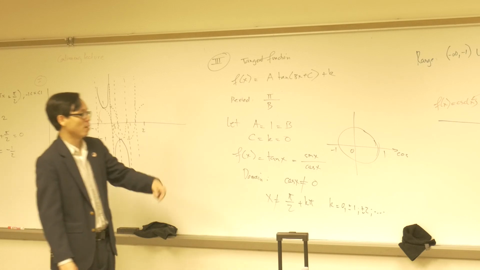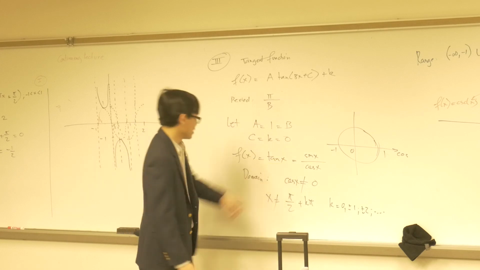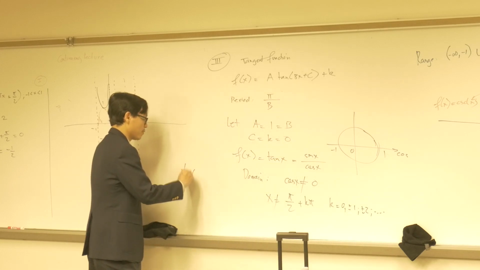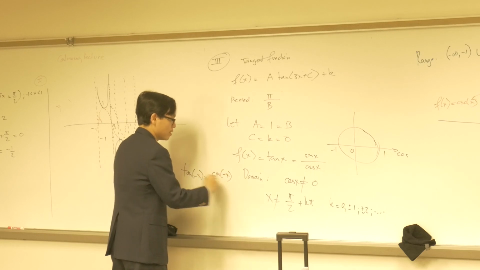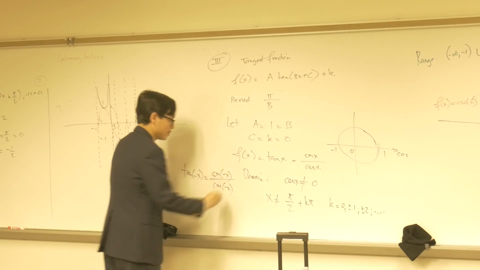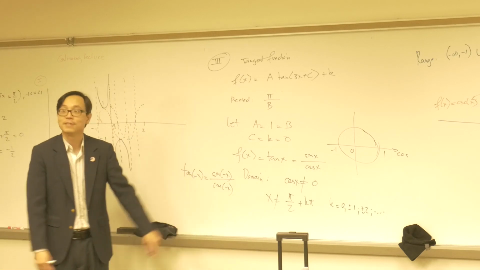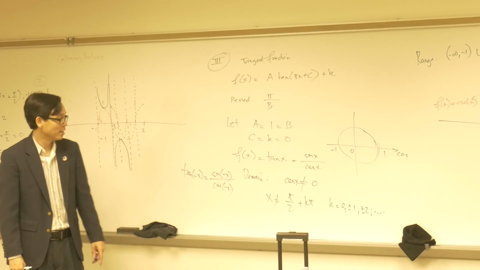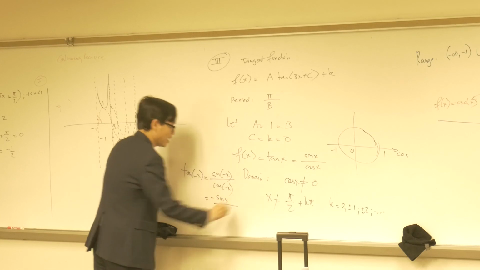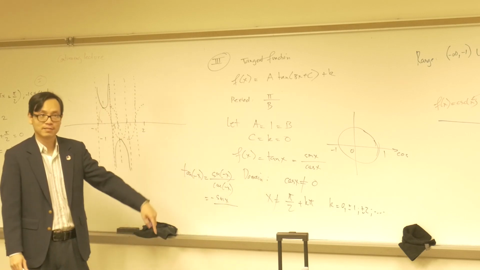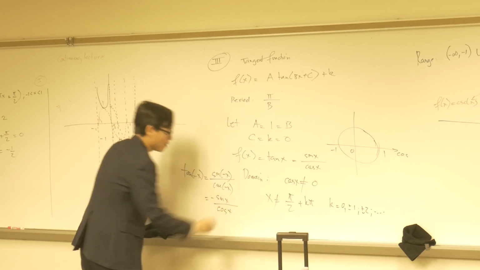The tangent will also be an odd function. I can check even and odd really quickly. Tangent of negative x equals sine of negative x over cosine of negative x. We just learned that sine of x is an odd function, so sine of negative x equals negative sine of x, and cosine is an even function, so cosine of negative x equals cosine of x.